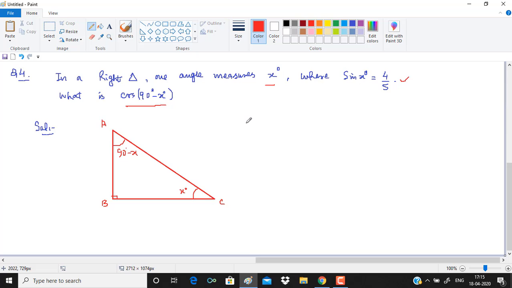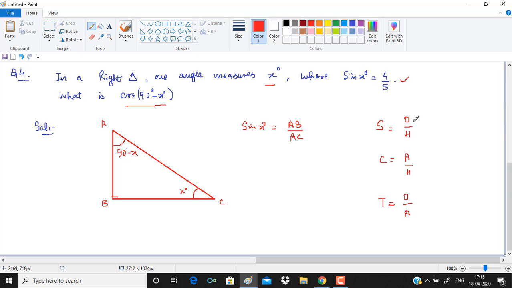Now we observe that sine x degrees is AB over AC, right? If you don't know this, you can simply recall this rule, SOHCAHTOA, which tells us about the sine, cosine and tan ratio.